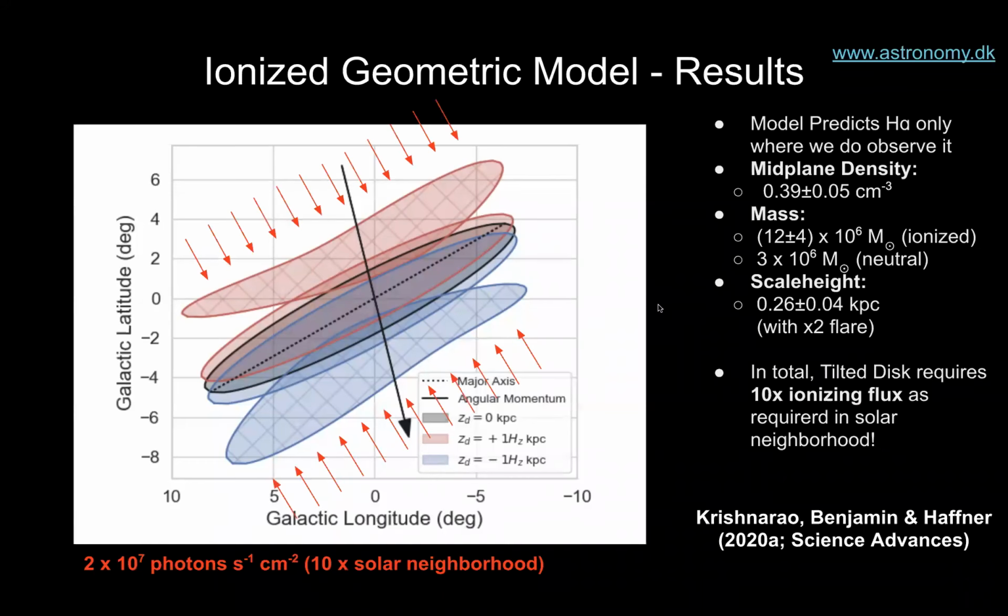And so if we estimate what kind of ionizing flux, as a plane parallel flux, would be required to do the ionization for the structure, assuming the model, it would take about 10 times as much of the ionizing flux that is required in the solar neighborhood, which isn't too much and not that unrealistic, seeing that as we go to the center of our galaxy, our stellar density is increasing. We especially think we'd see more of these older, hot, low mass evolved stars. So that could also support the idea of this structure being LINER-like.